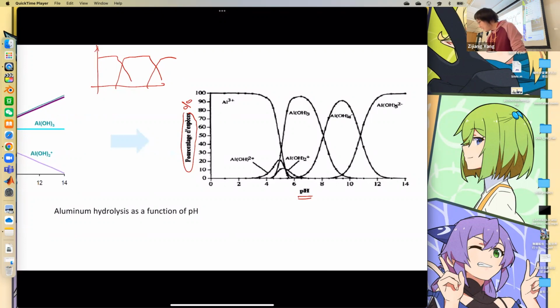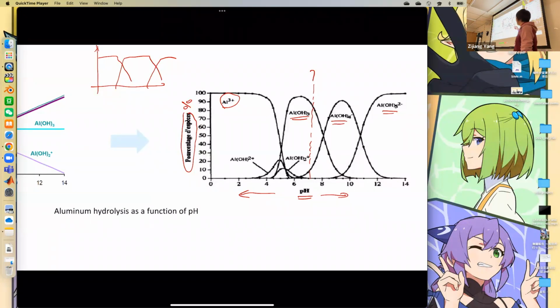From this plot, we can see that as pH decreases, we will have more aluminum 3+ in the water solution. And as the pH increases, then we will have this one first, then this one, and finally this one. And we also know that natural water is around 7. So basically, we will have this form.